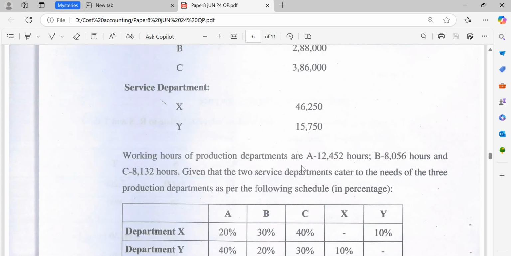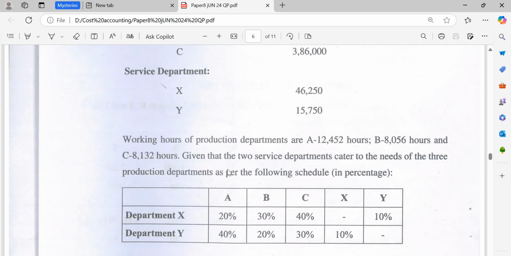Working hours of production departments A, B, C, they have given. So given that the 2 service departments cater to the needs of the 3 production departments as per the following schedule in percentage. Whenever they are giving this percentage, we need to calculate the sum, whether it is meeting 100 or not. We need to do a cross check.